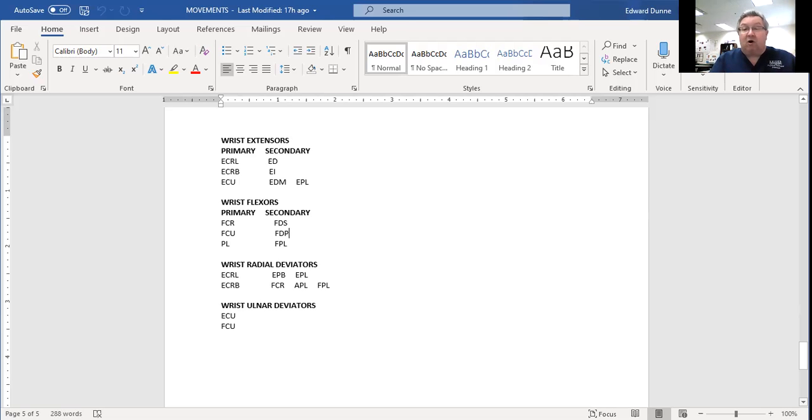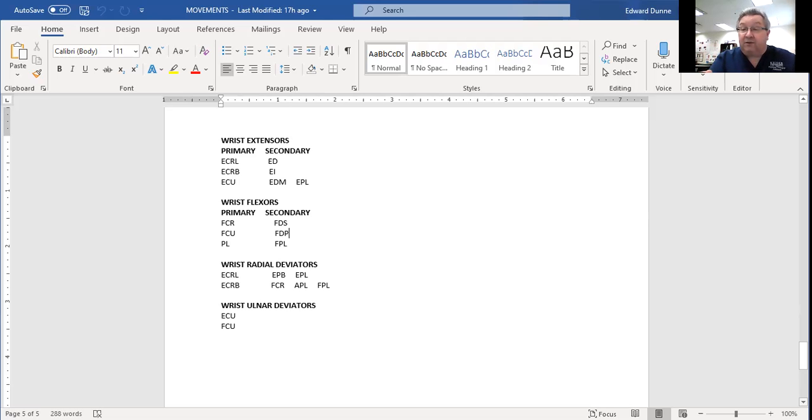And extensor carpi ulnaris, which is on the ulnar side, on the pinky side, has an insertion on the fifth metacarpal. Since these are extensors, they come from the common extensor tendon, which is the lateral epicondyle of the humerus. Those are the primary extensors of the wrist.